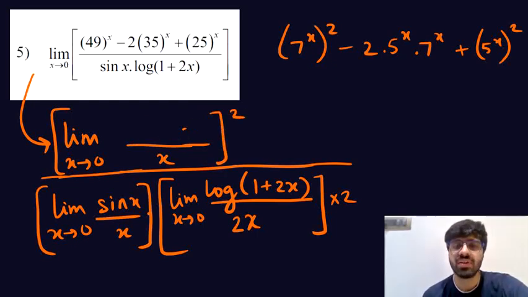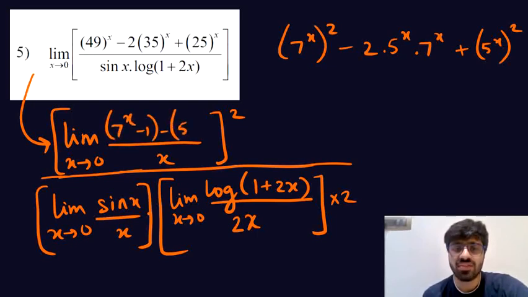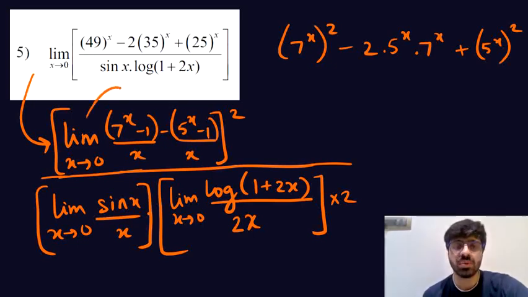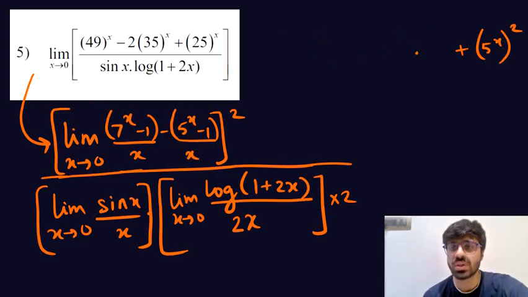We can write 7 power x minus 5 power x as 7 power x minus 1 minus 5 power x minus 1. Split that term in x. So you have an x term here and an x term here. You can split the two limits. One goes with this, one limit goes with this. So finally the value for the full thing will become equal to this.